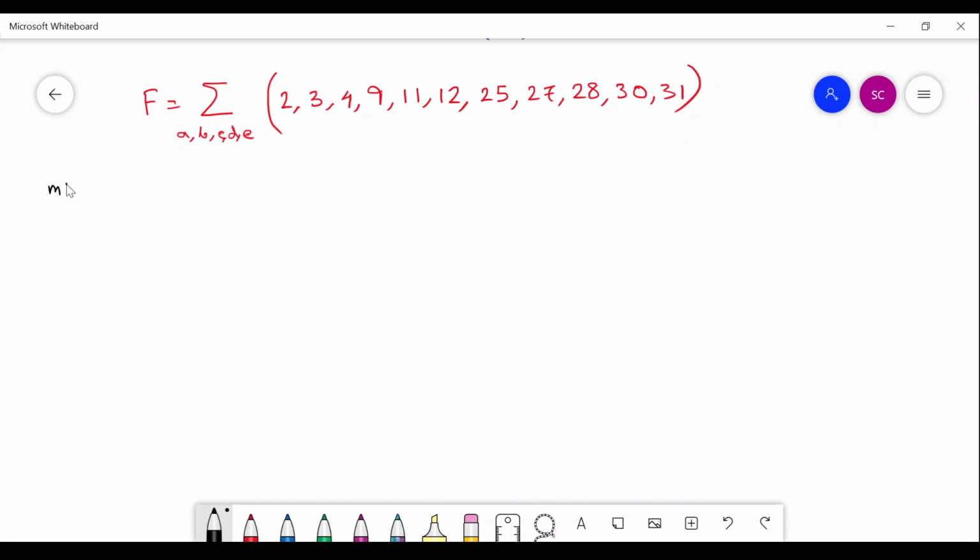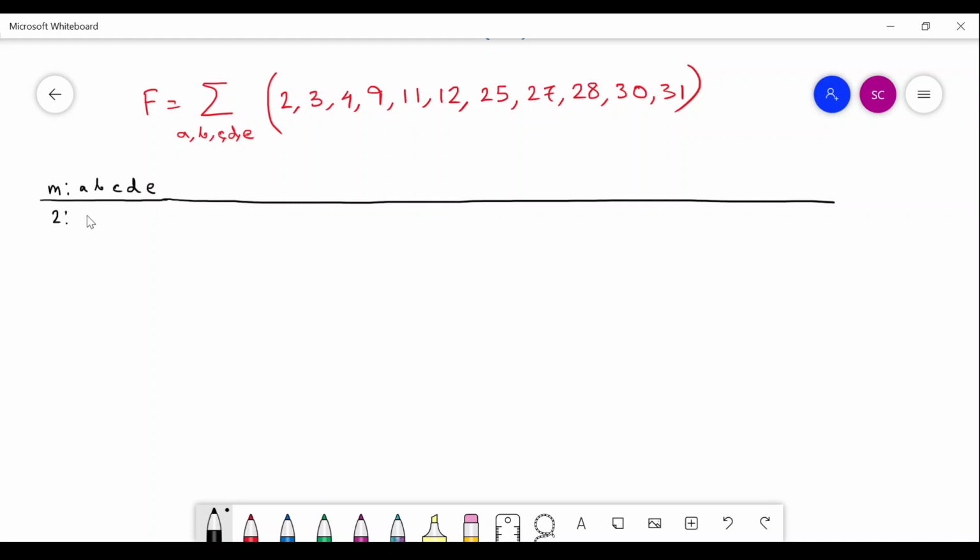Suppose, let us work it out. First thing we have to do is formulate these minterms in terms of the sequence. So 2 is 0 0 0 1 0, 3 is 0 0 0 1 1, 4 is 0 0 1 0 0. Similarly, we have to write down all the minterms. 12 is 0 1 1 0 0.